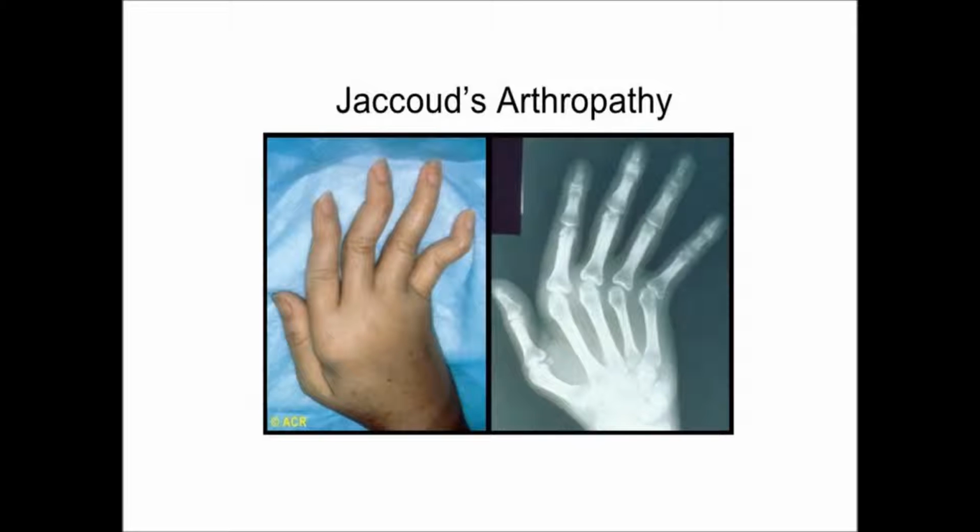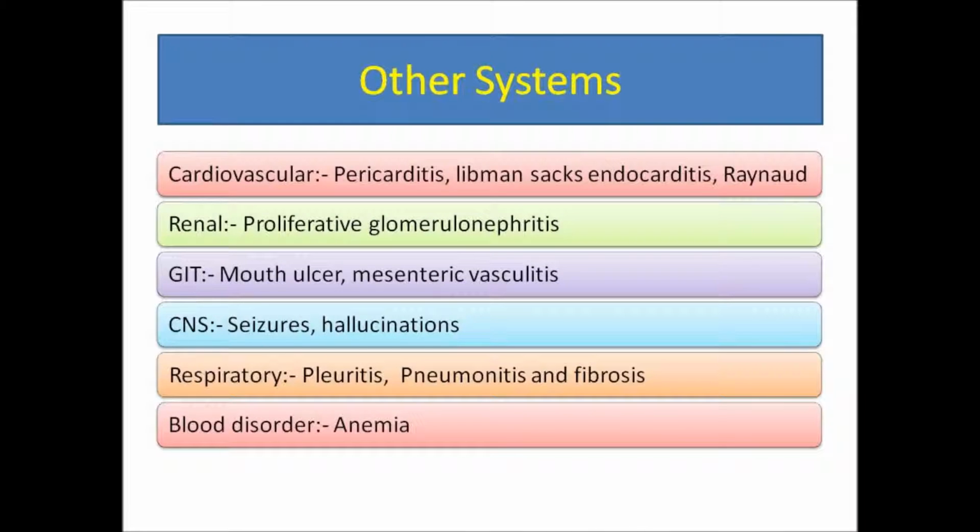Okay, other systems, as we said, all systems can be involved by SLE, and if the disease is only involving the skin and the musculoskeletal system, then this is a mild form of SLE. But when the renal and the central nervous system begin to be involved, then the patient is entering a more severe form of the disease. In the cardiovascular system, the most common manifestation is pericarditis.